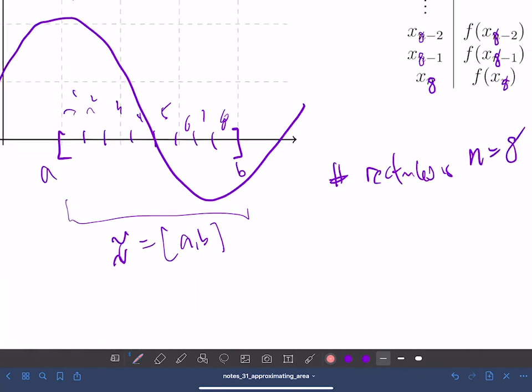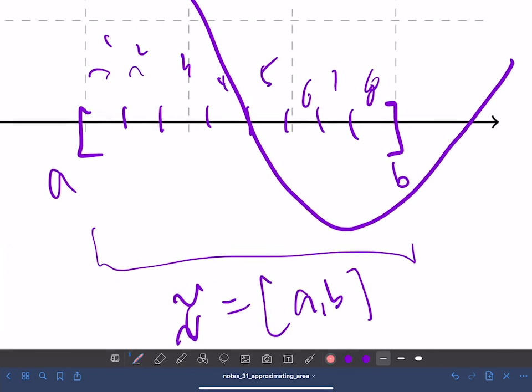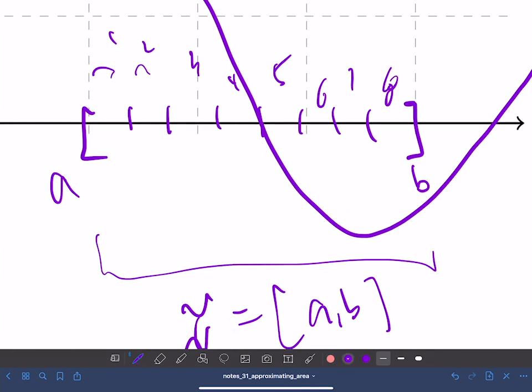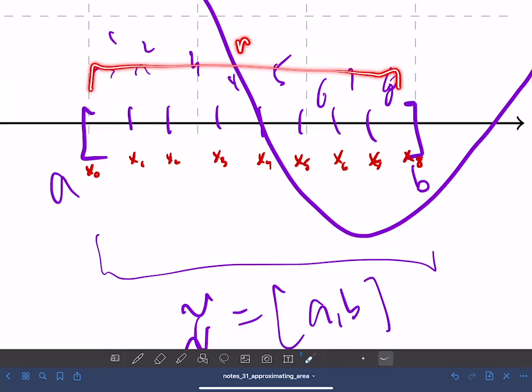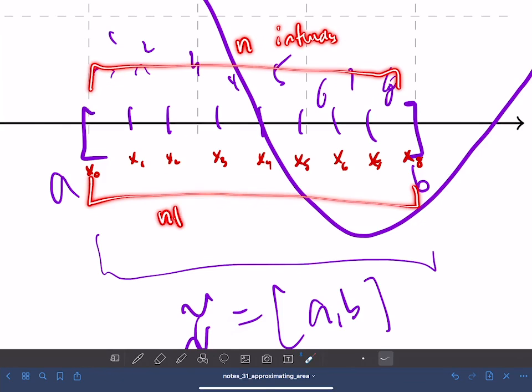I'm going to label these as x0, x1, x2, x3, x4, x5, x6, 7, and 8. So there are a total of n intervals and n plus 1 endpoints.